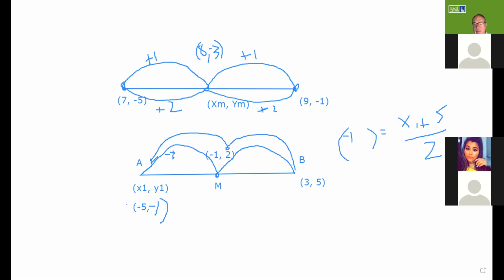So how do we get rid of fractions? Multiply by the reciprocal or multiply by the denominator? Yes, absolutely. We're going to multiply both sides by 2, because then these will cancel.